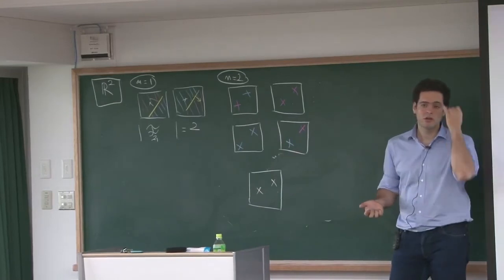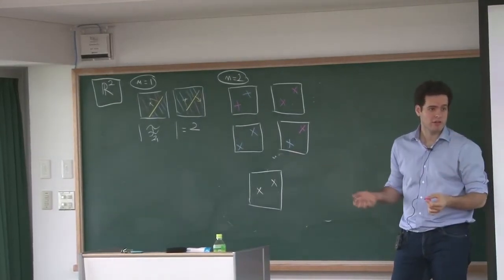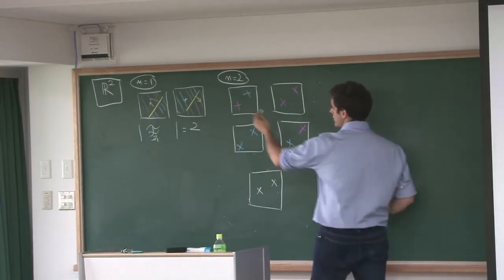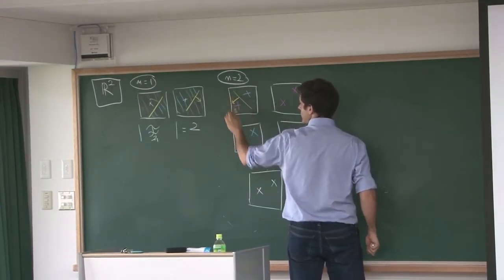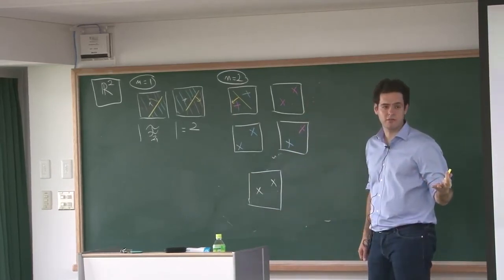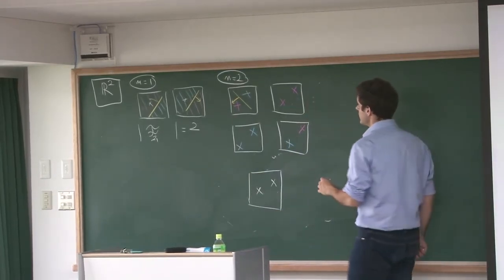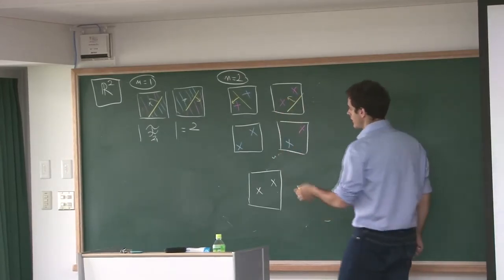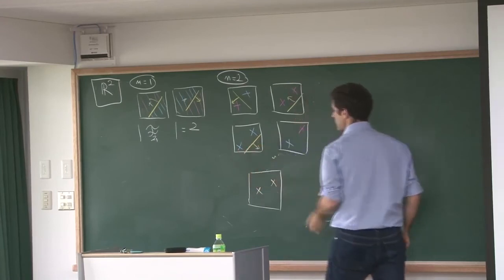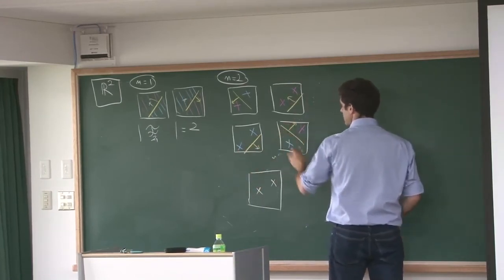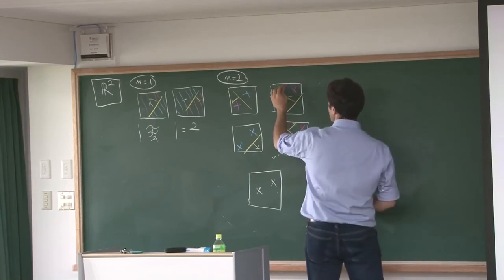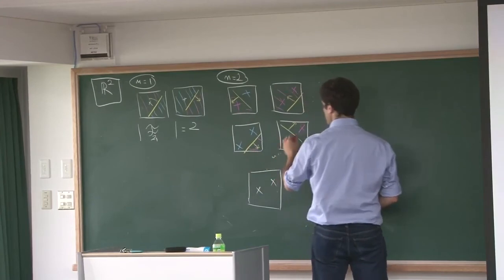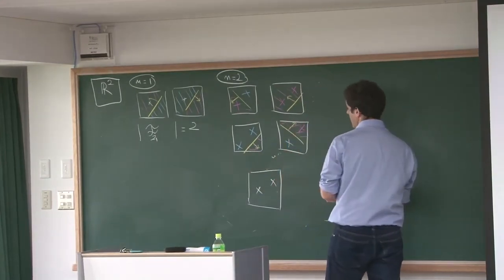Is it possible to find a hyperplane which will do this labeling? Well, it's indeed very easy to find one. I just take this hyperplane with this direction. So the positive part is red and the negative part is blue. I can do this, I can do this, and I can do this. So this is the red part, and this is the blue part.